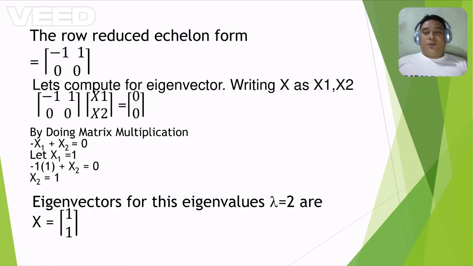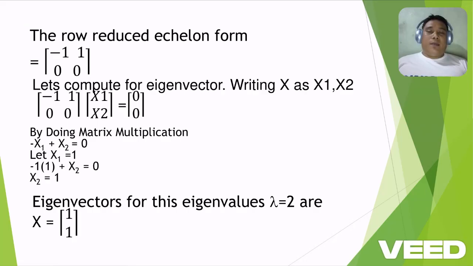By substitution, negative 1 times 1 plus x2 equals 0. By solving, we get x2 equals 1. So our eigenvectors for this eigenvalue, lambda equals 2, are 1 and 1. So in a 2 by 2 matrix, it's easy to compute for eigenvalues and eigenvectors.